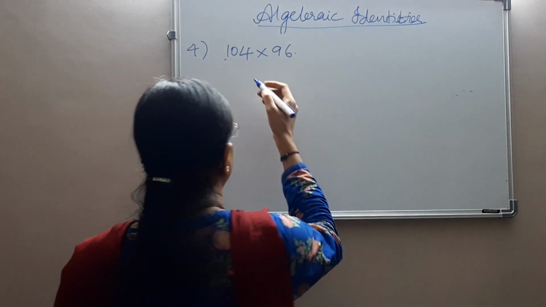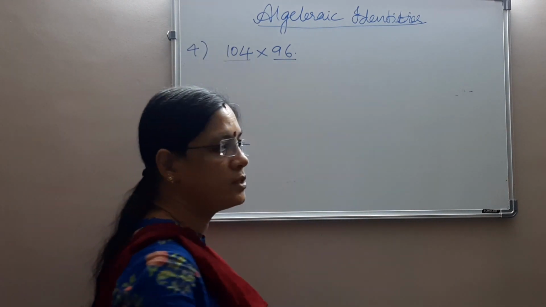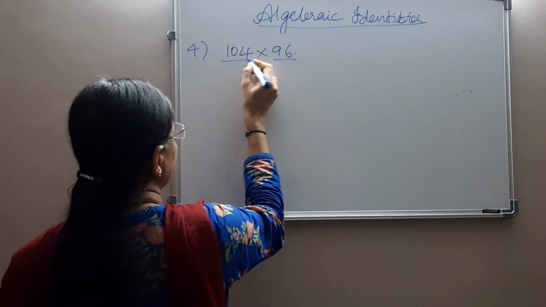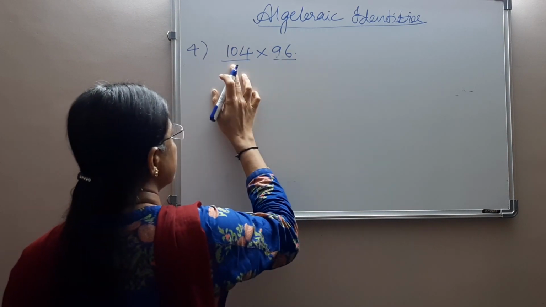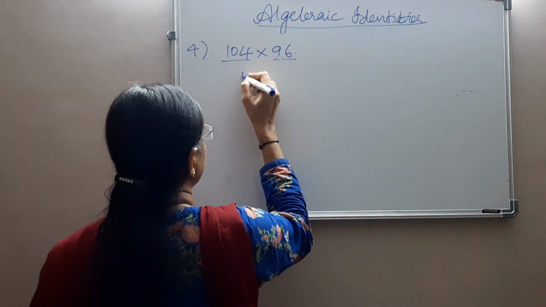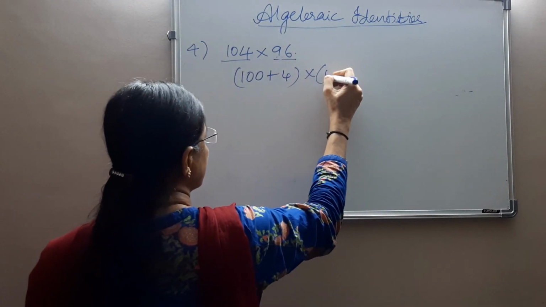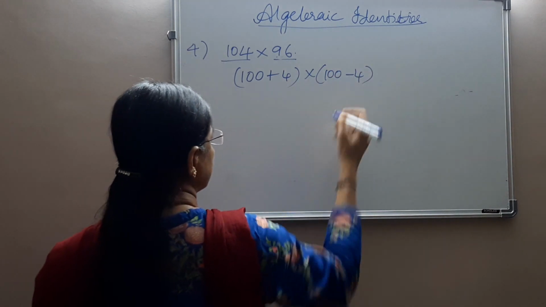So let us see some relation between these two numbers. This is 104 and this is 96, and this is 100 plus 4 and this is 100 minus 4, isn't it? We need to find some relation between the numbers so that we can apply the identity.